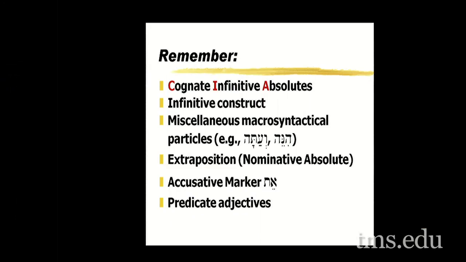We got down to them, the miscellaneous macrosyntactical particles that you see up here on the screen. Those are very important to pay attention to. They will give you clues as to the types of clauses you're dealing with, whether they're restrictive, acceptive, conditional. All of those things will help you to identify.